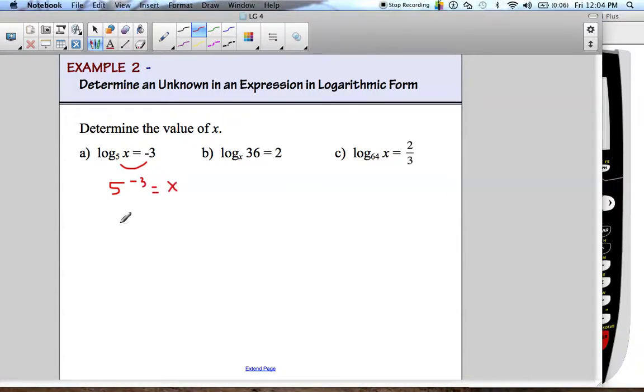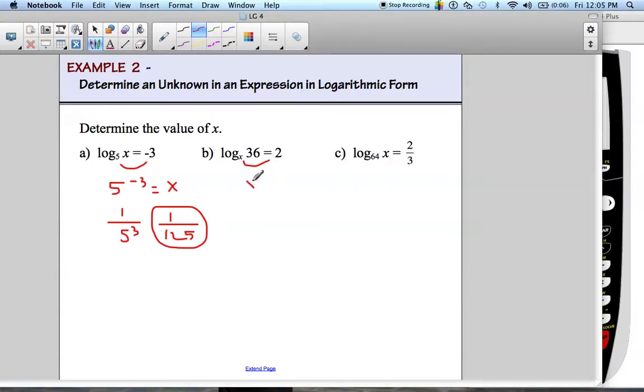And 5 to the negative 3 is really 1 over 5 cubed. And we know 5 cubed is 125. So the answer is 1 over 125.